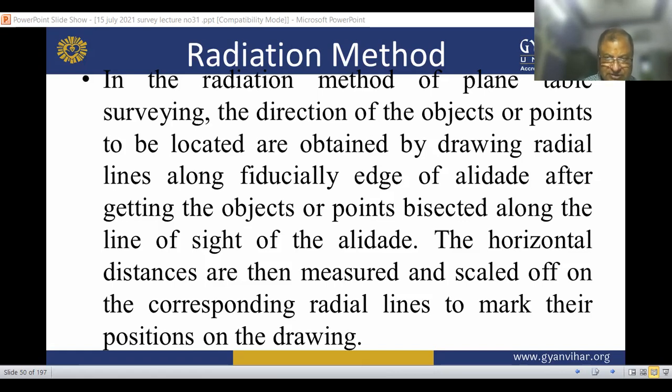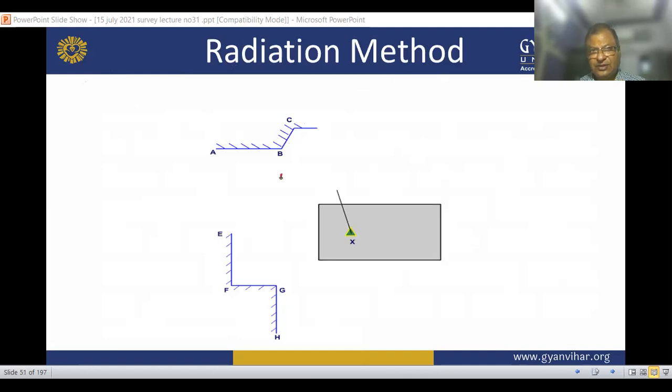The horizontal distances are then measured and scaled off, and the corresponding detail lines are marked and their positions plotted on the drawing. So this is the radiation method.